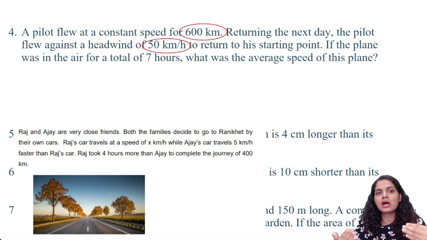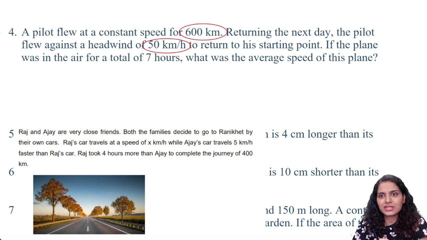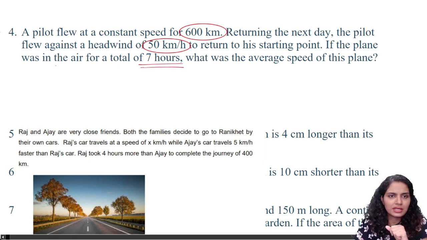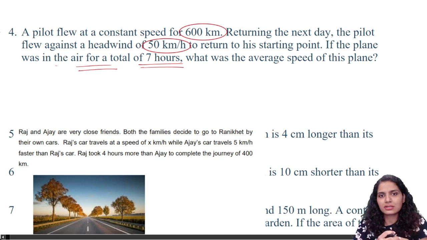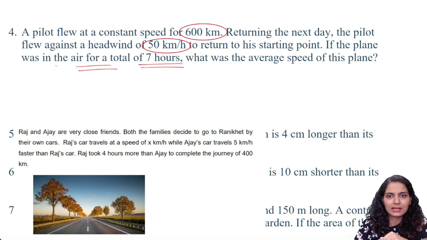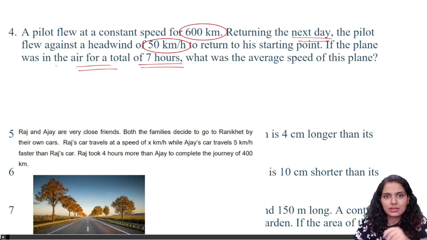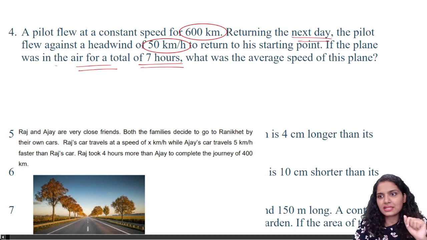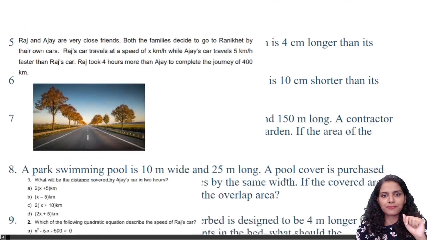So here also, along with the wind, your speed will increase, and when you're going against it, the speed is going to decrease, right? So you can use that. And if the plane was in the air for a total of this time, what was the average speed of the plane? Yes, so that's it. I feel you can do it.